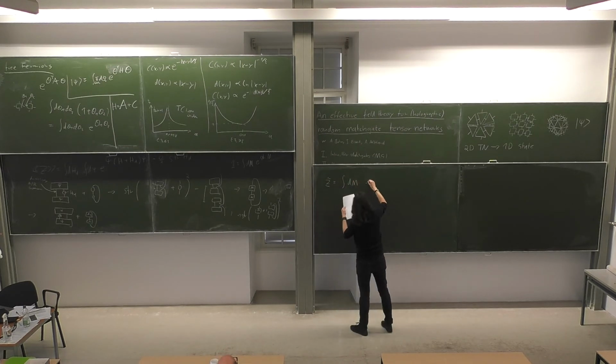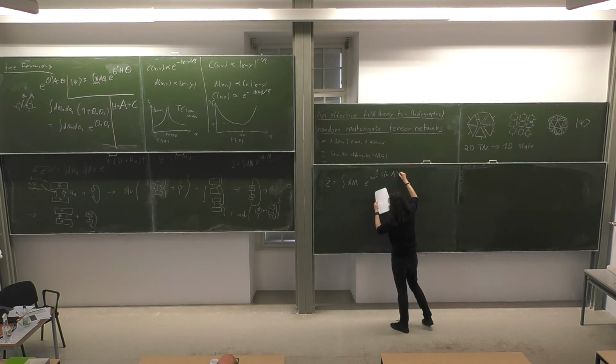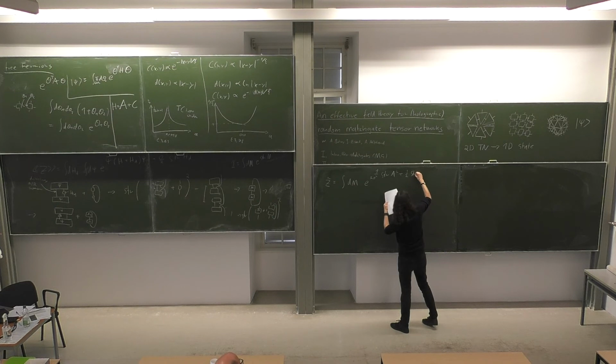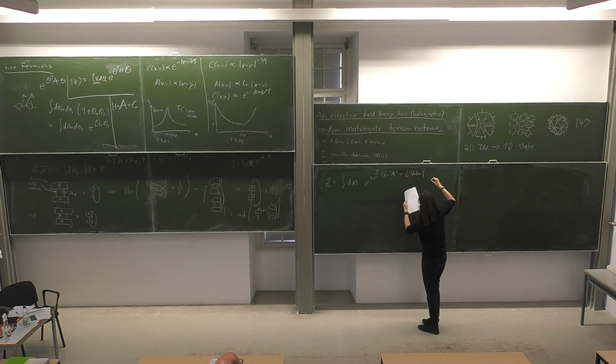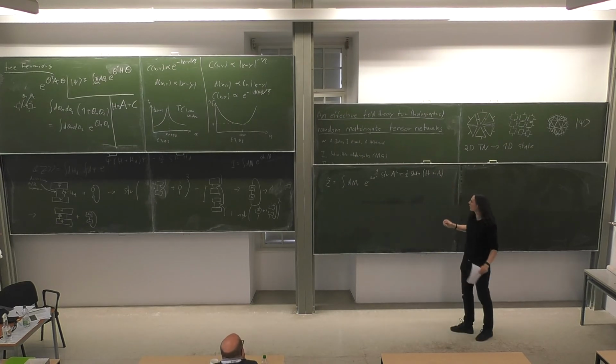So if we also integrate out the fermionic degrees of freedom, sorry, like the size of superconductors, we arrive finally at this nonlinear matrix model.